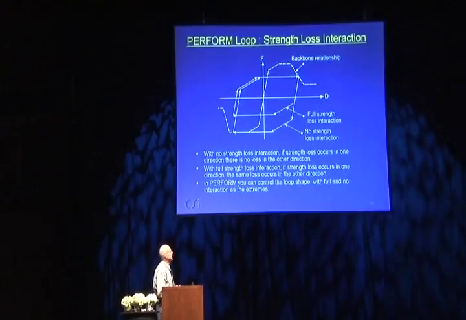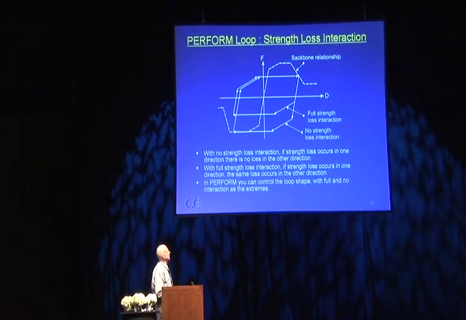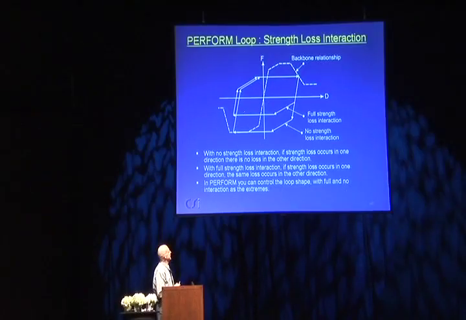In some cases there is strength loss interaction, in other cases there's not. One of the parameters you can specify in Perform is a strength loss interaction parameter. I think if you specify 0, it assumes this. If you specify 1, you get the same amount of strength loss in the opposite direction as you got in this direction, and somewhere in between is proportional. So if you have some idea of what the effect of strength loss is on the hysteresis loop, you can take this into account also.